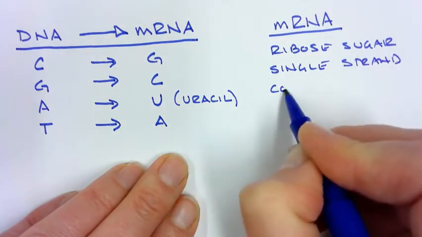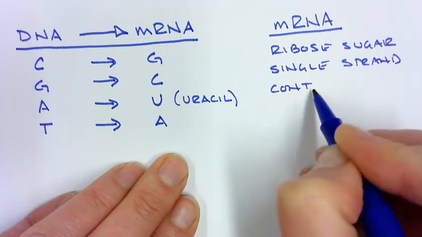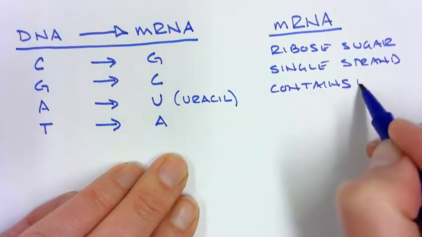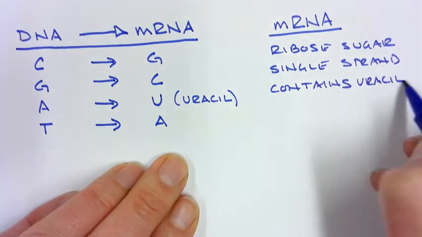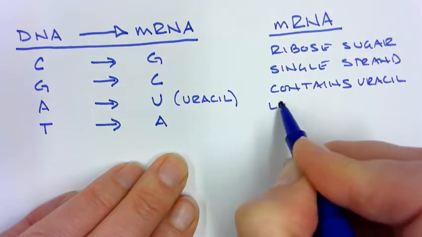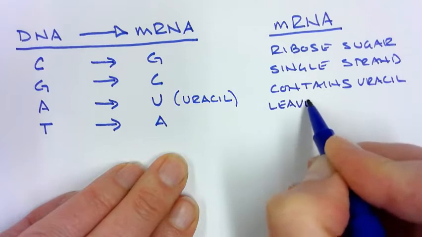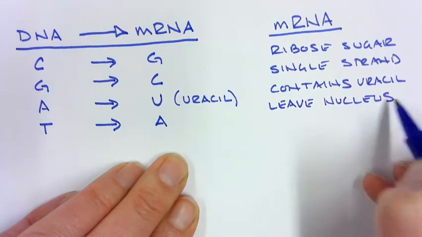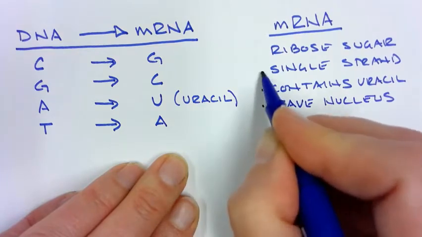It contains uracil. And it can leave the nucleus through the nuclear pore. It can move around. Remember, DNA is so precious, it never leaves the nucleus.